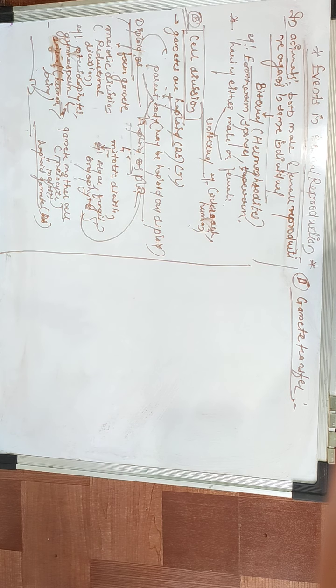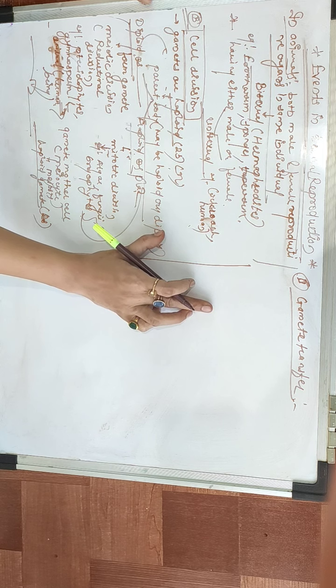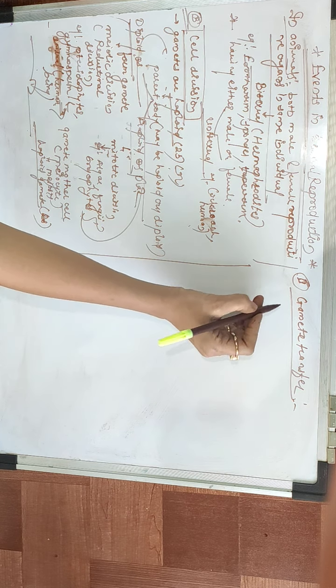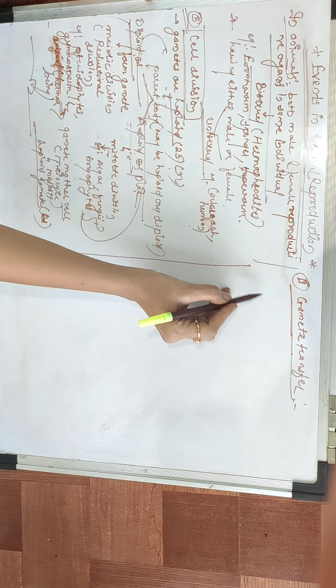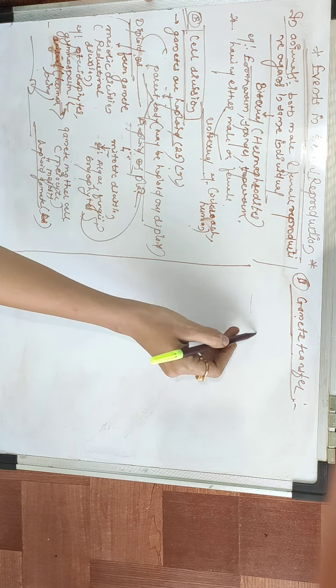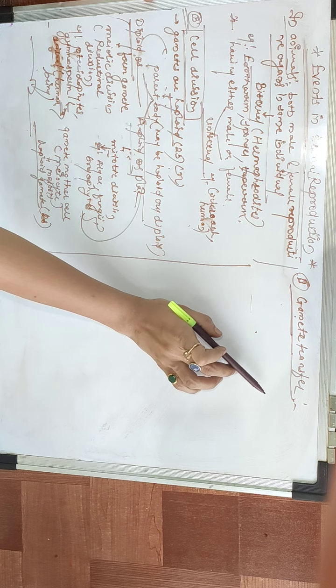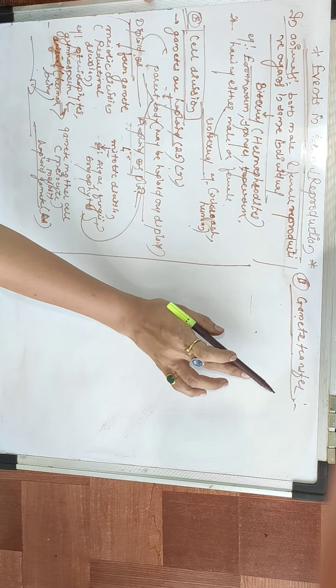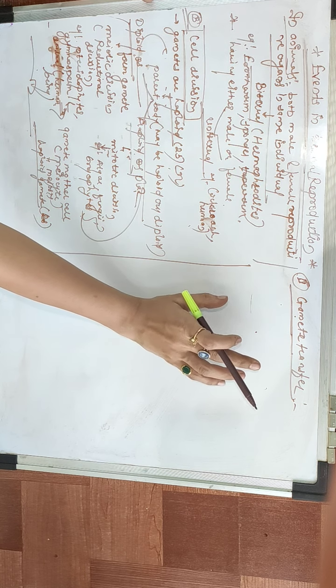So in the majority of organisms, before the fertilization the male gamete is transferred to the female gamete, and then they fuse and form a zygote. Then the fertilization occurs.